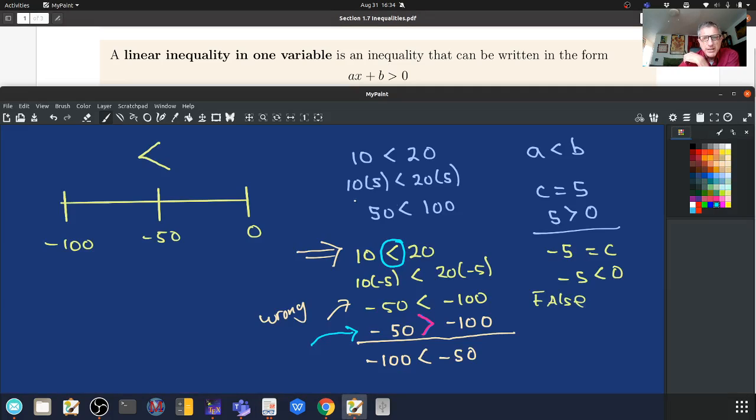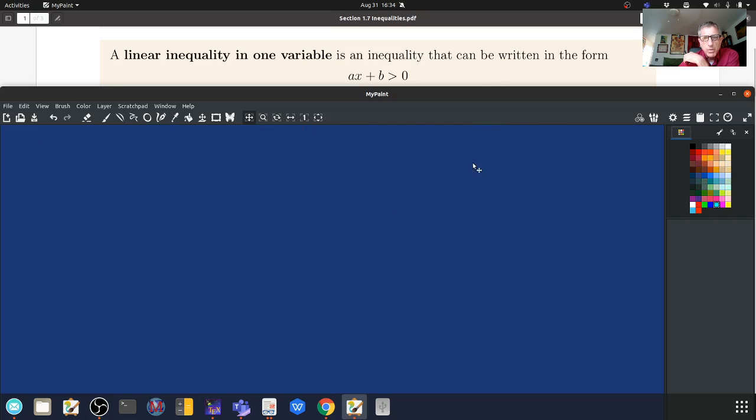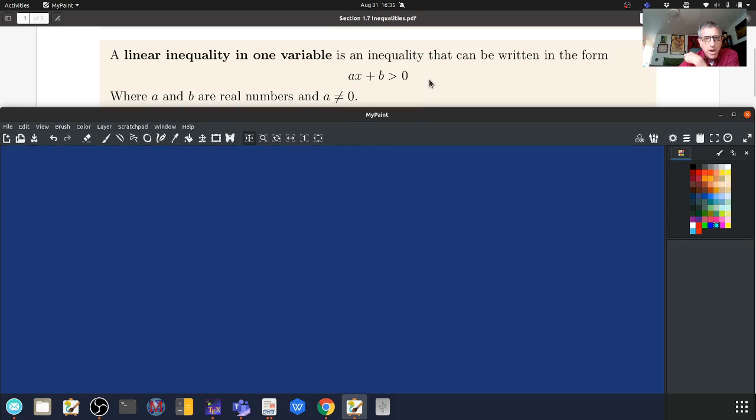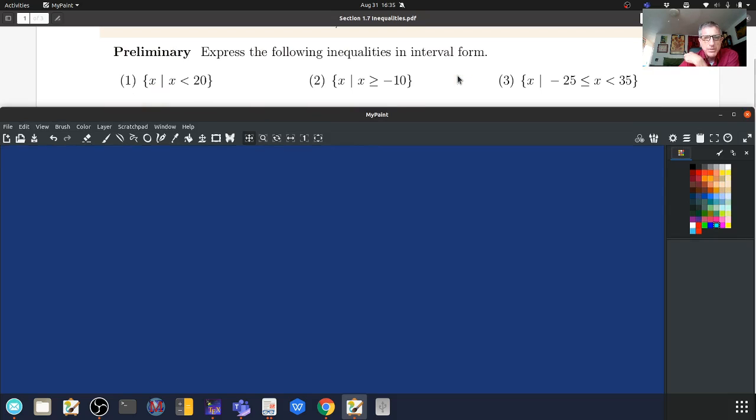So a linear inequality is very much like a linear equation. In one variable, in this case our variable is x, it has the form ax plus b is greater than 0. They can be written in that form. They can be written in many different forms, but this is the form that our book has given us. And in this case, a and b are real numbers, and a is not equal to 0.